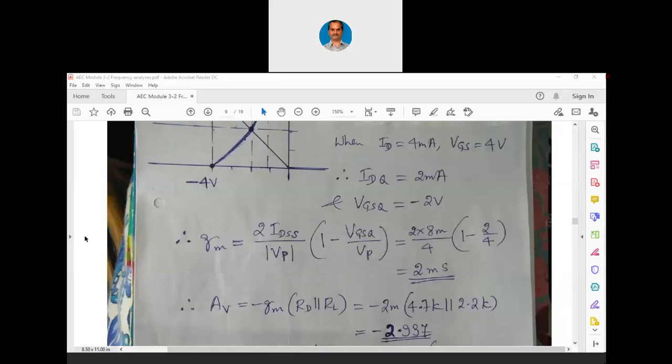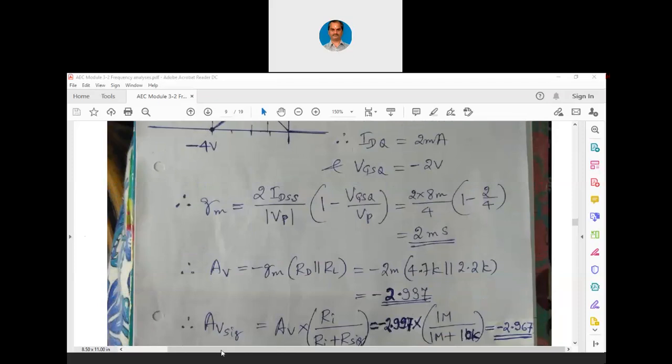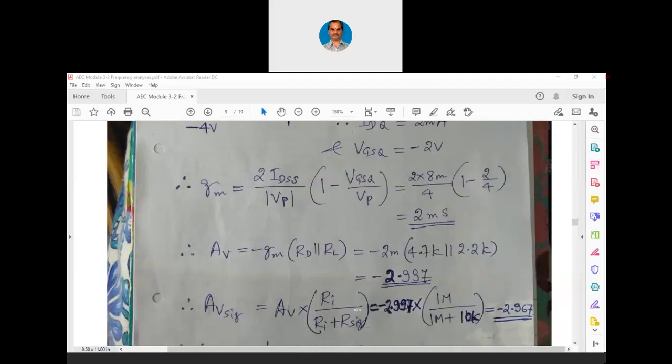Now proceeding with the further exercise, if we consider the source resistance, then AV sig is, we already had arrived at this particular fraction, Ri by Ri plus R sig. In this FET circuit it is mentioned as R sig. In the BJT circuit we had mentioned it as Rs. So substituting that, we get a term minus 2.967.